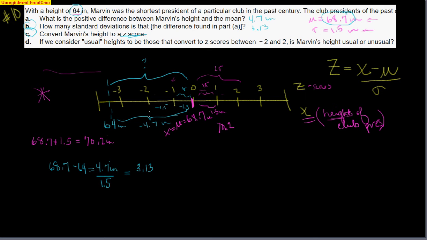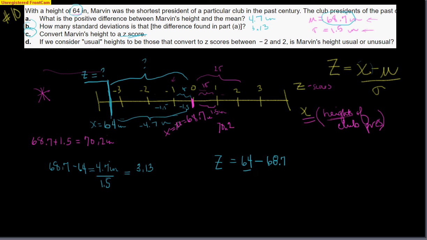So if we actually go through the formula, which we really just did, a z-score is our x value, and our x value is right here. It's Marvin, the x value we're trying to find. So now, instead of calling it this space, we're actually calling it the z-score, but in essence it's the same thing. So our x value of Marvin is 64, minus the mean, which is 68.7.